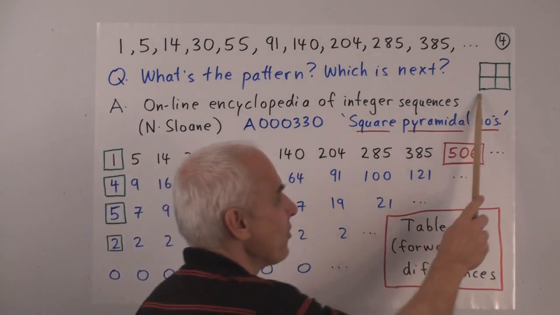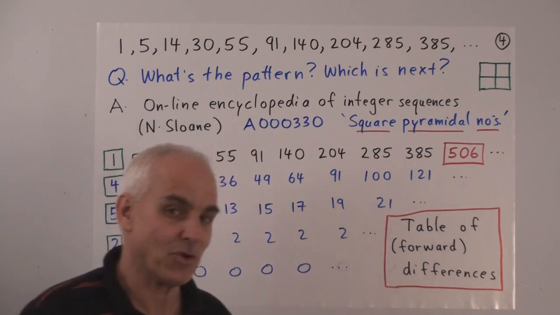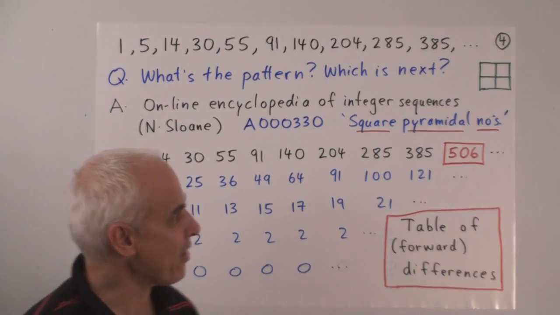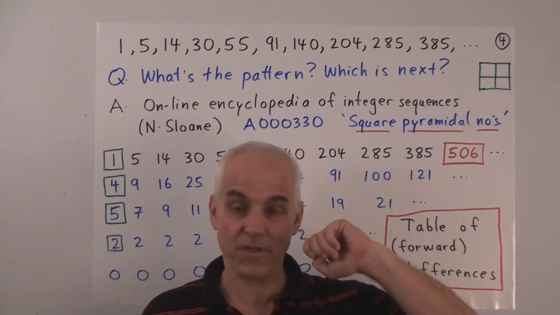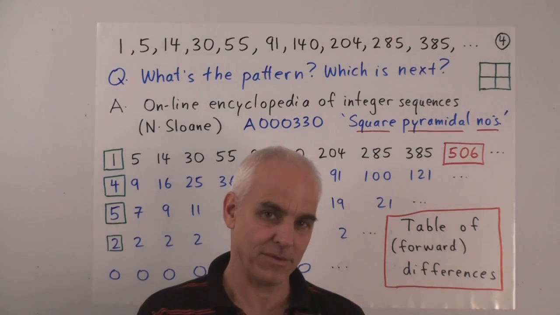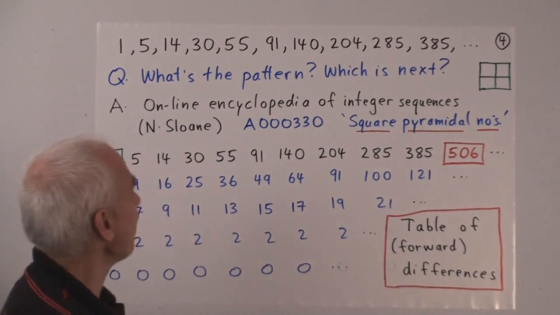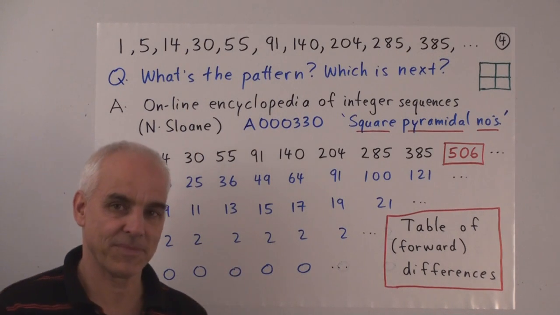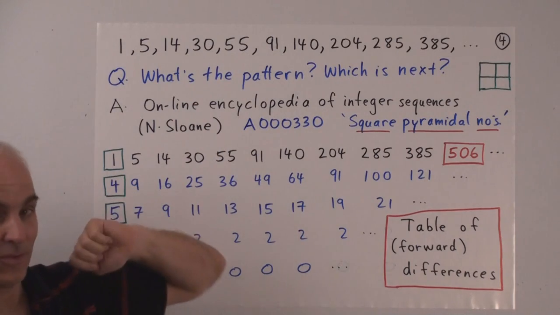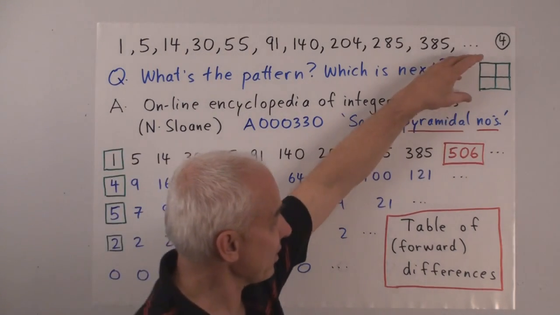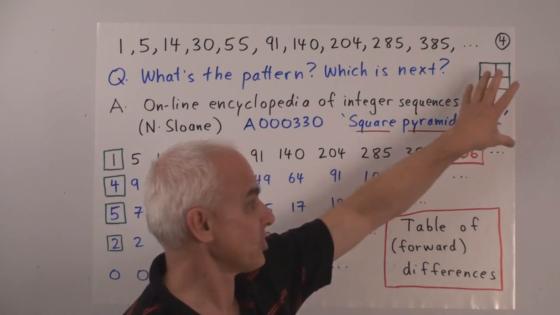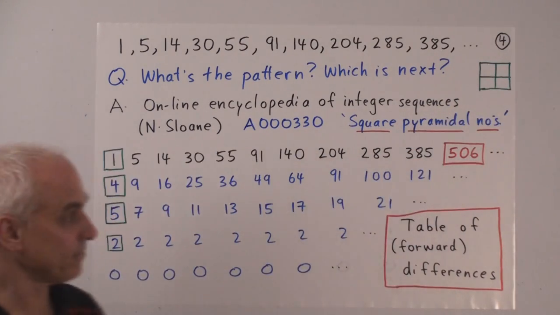But there's also the one big square, for a total of 5 squares altogether. Now, if I asked you the same question for a 3 by 3 square, you can count them, and you would find out that there are 14 of them. So that's one possible interpretation of what this sequence is. It's the number of squares of all sizes that you can find in a large n by n square.